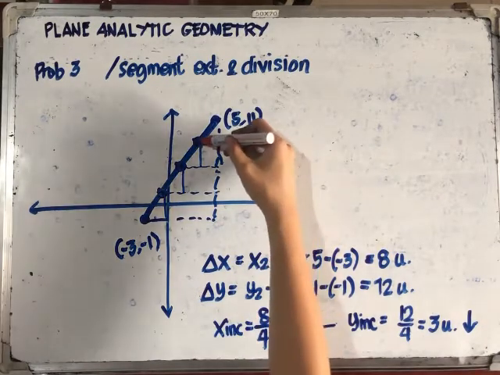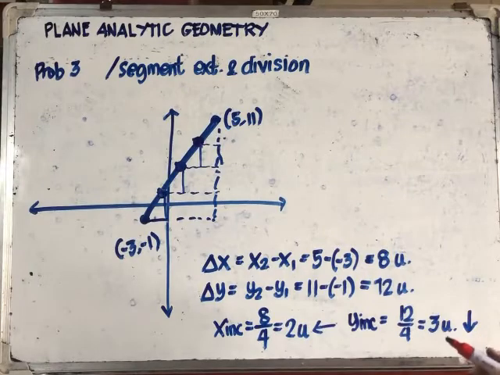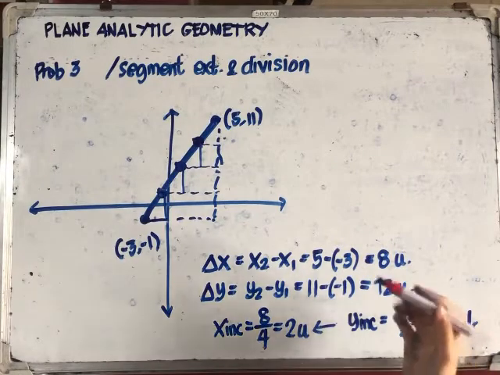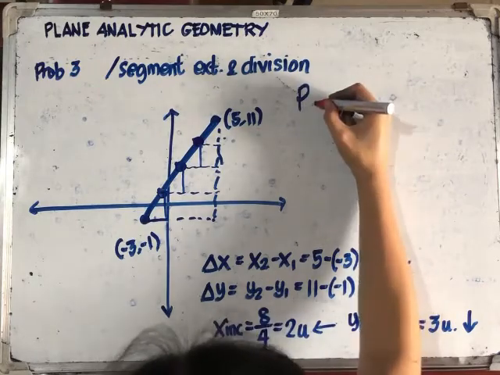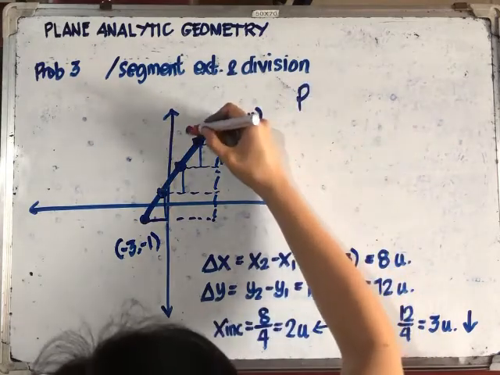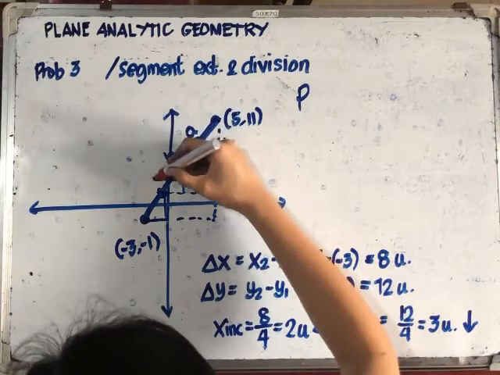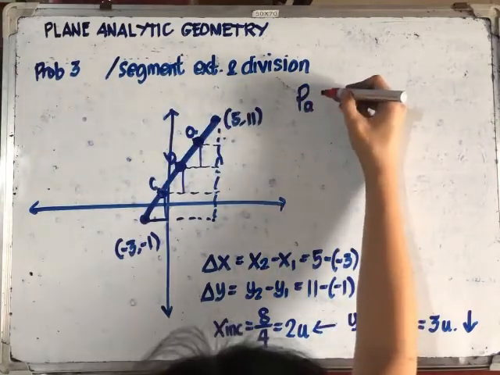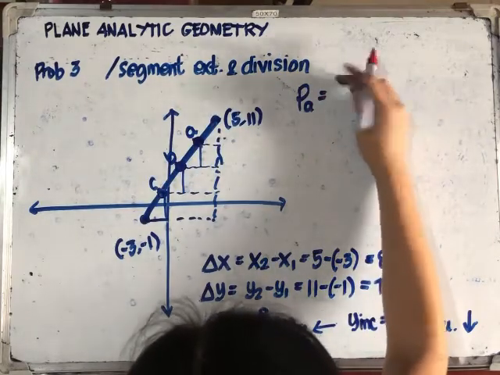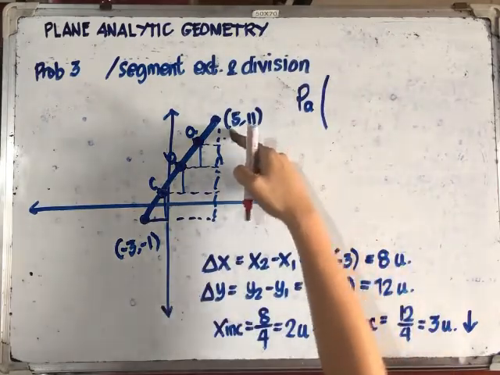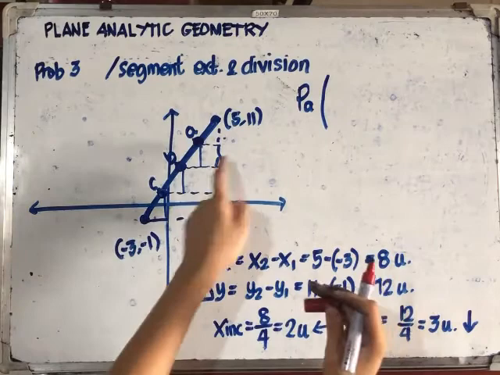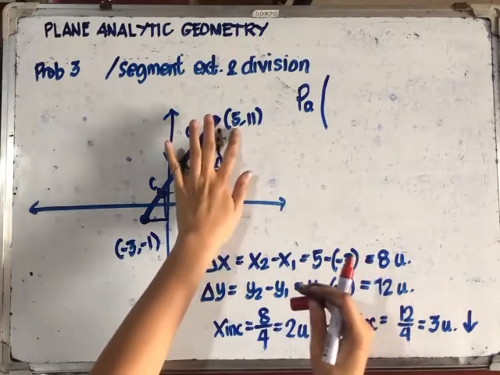So, if we are looking for this point, what we have to do here is, let's name it as point A. This is your point A. What you can do to get the coordinate of that is, you have this 5, and we are going to the left. Since we're going to the left, we subtract, right?